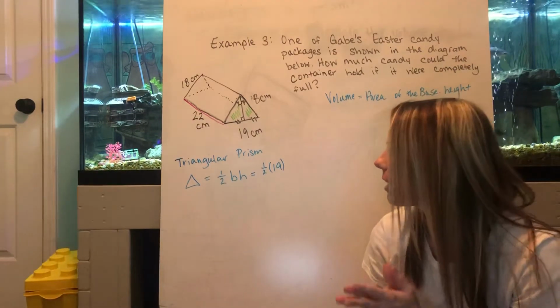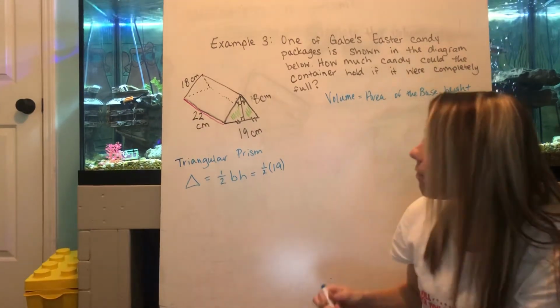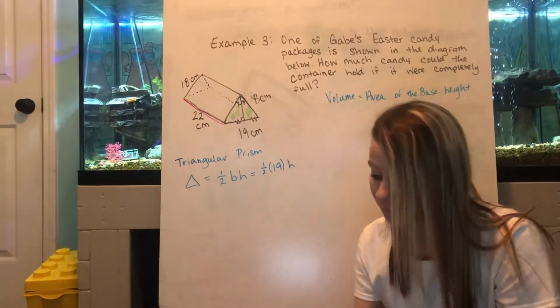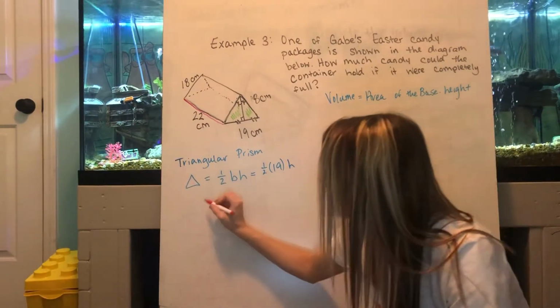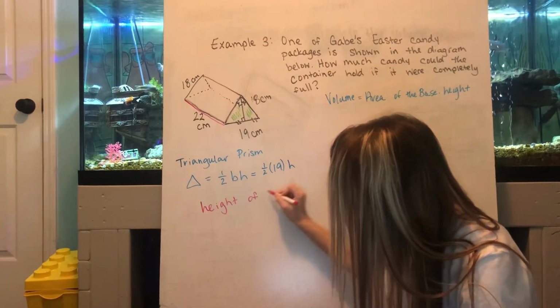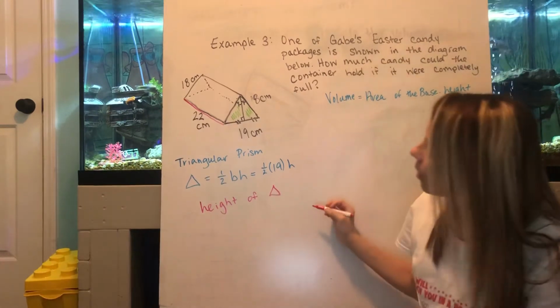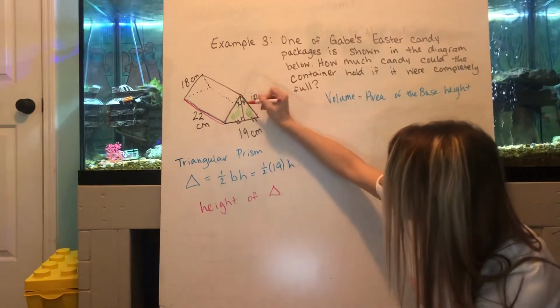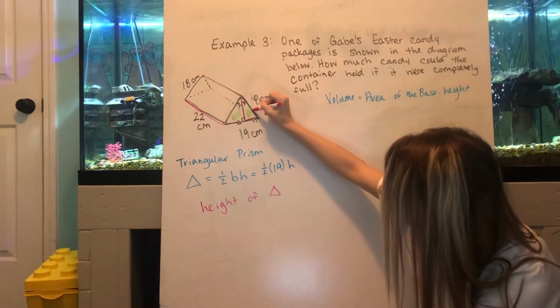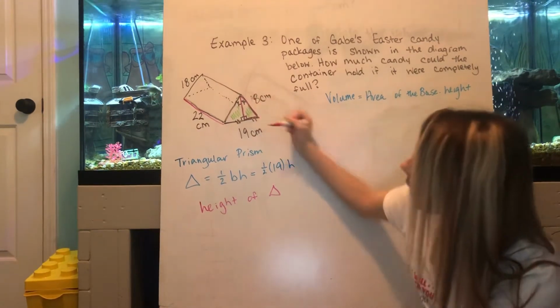So we have to find the height of the triangle, not of the prism. We have to find the height of the triangle. So down here, I'm going to try to find the height of the triangle. If I look, I've got a right triangle, and these two triangles are congruent, which is nice.